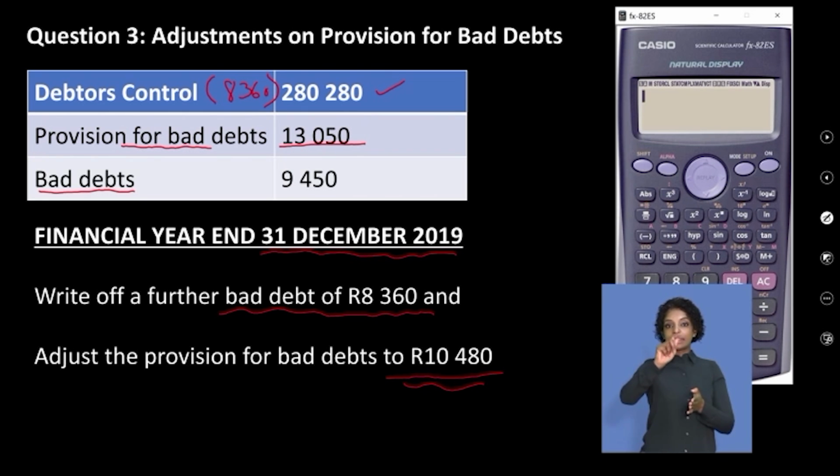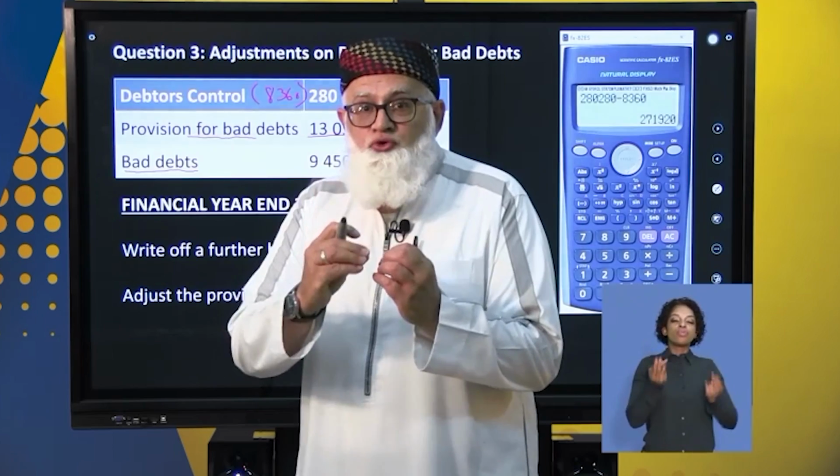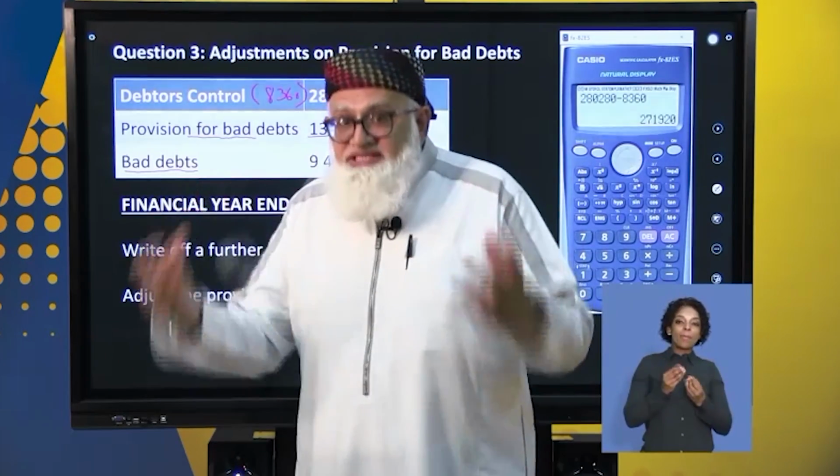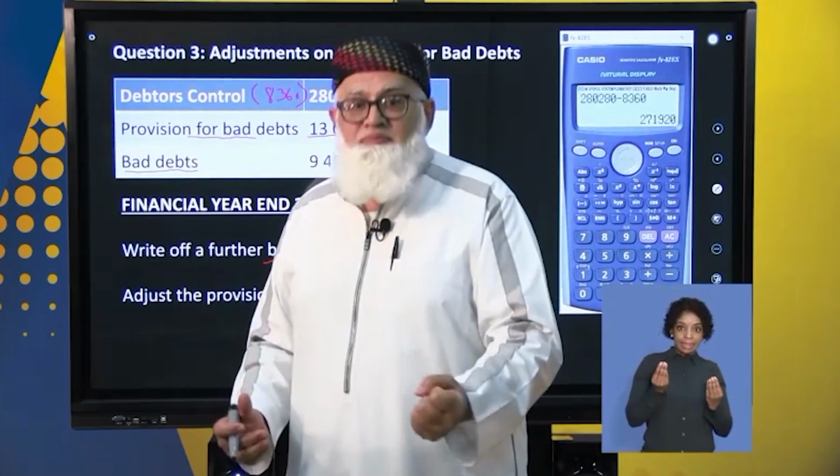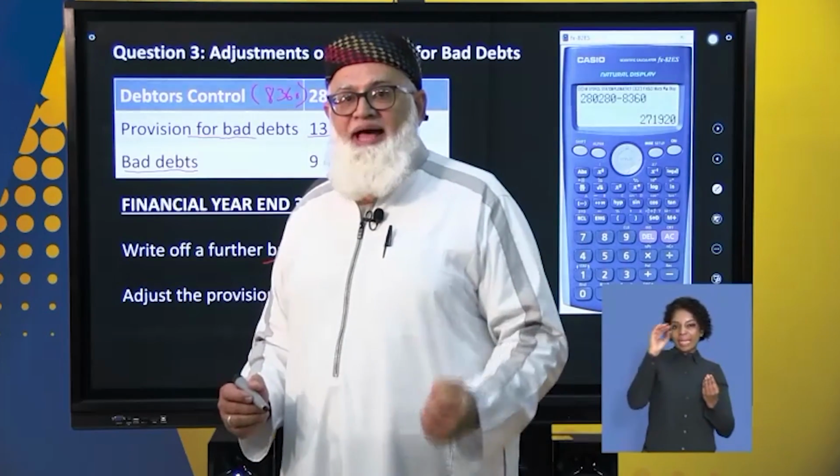You take your 280,000 minus the further bad debt that you've written off, which is 8,360, and that will give you your new debtors figure. That figure will then be used, and you would take a percentage of that figure to determine your new provision for bad debts.